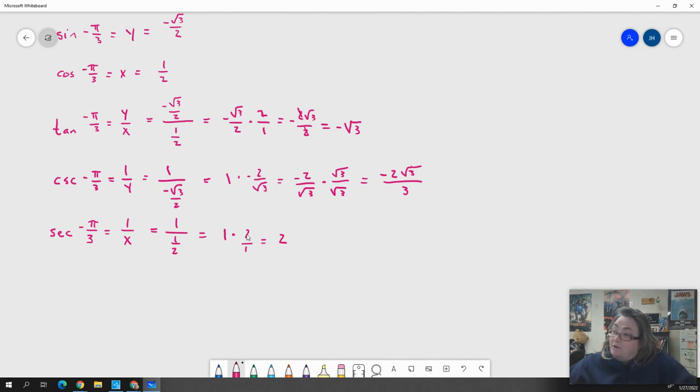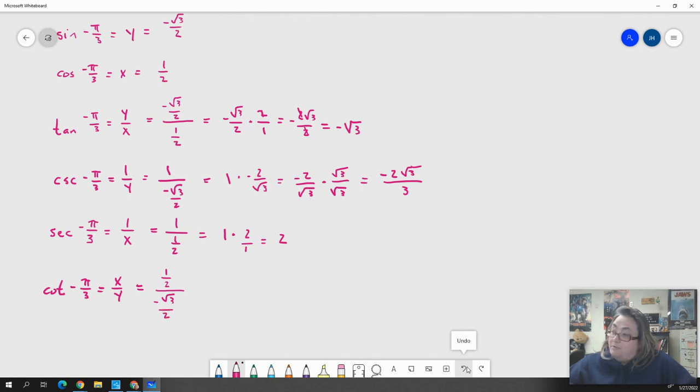Last but not least, we have our cotangent, which is negative pi over 3. We can see that if tangent is y over x, then cotangent is x over y, which for us is going to equal 1/2 over negative radical 3 over 2.